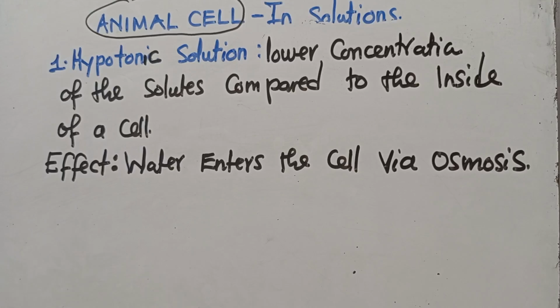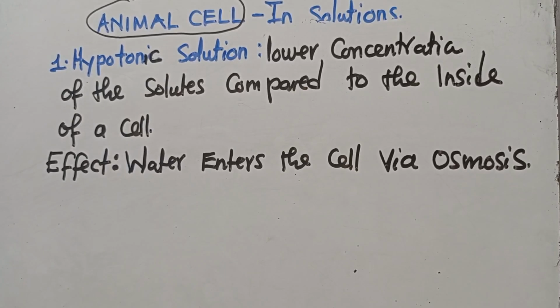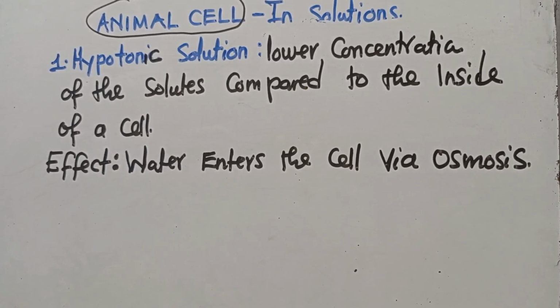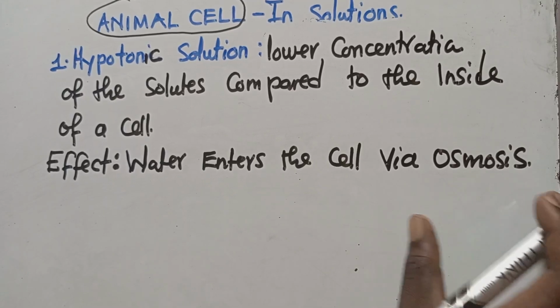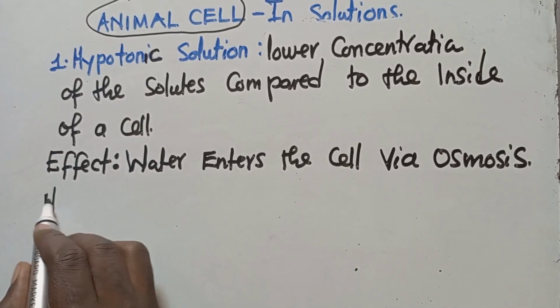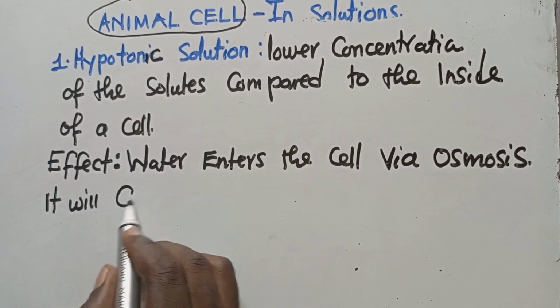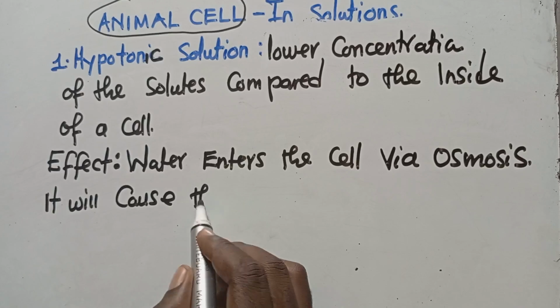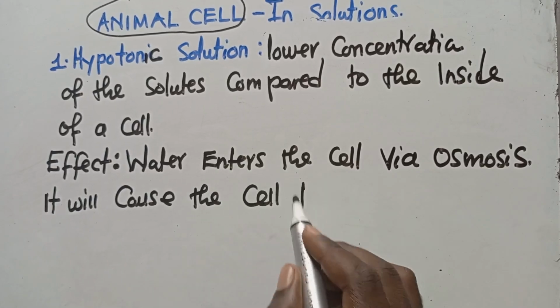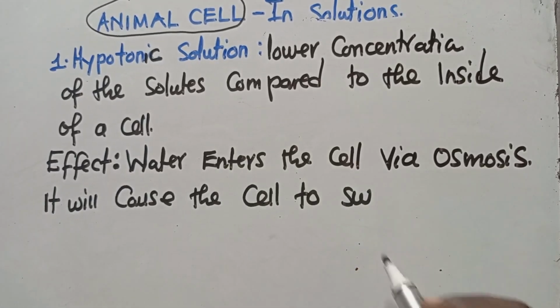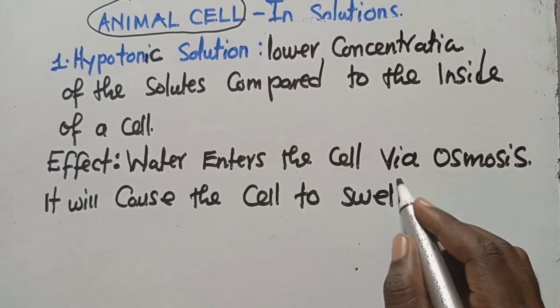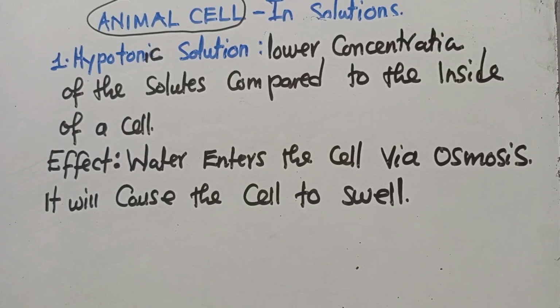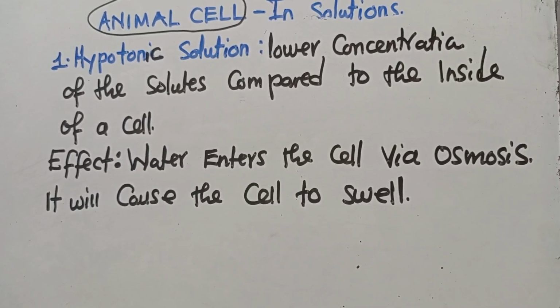Once the water enters the cell, it will cause the cell to swell. This is what you are supposed to know and understand. This is what is going to happen. You discover that if too much water enters, the cell might burst.